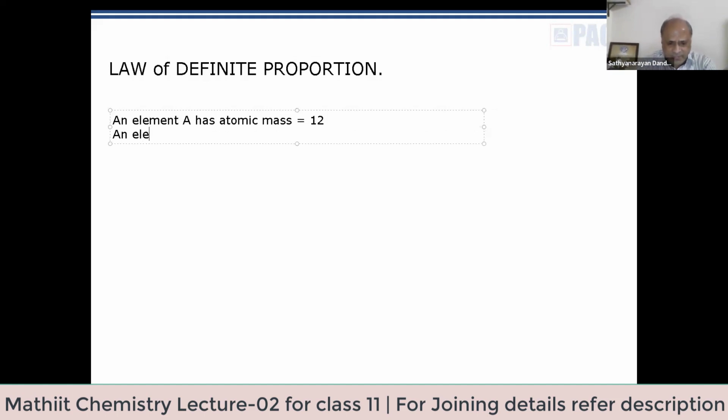An element B has atomic mass equal to 16.